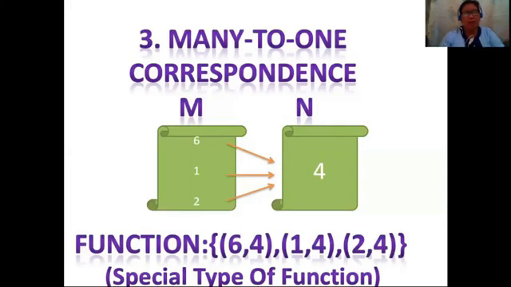Supposing 6 is the father, 1 is the mother, and 2 is the grandma, and they are supporting that only child, financially as well as emotionally, then the life of that only child is very functional. That is why we also consider this many-to-one correspondence as a function. Let's proceed.